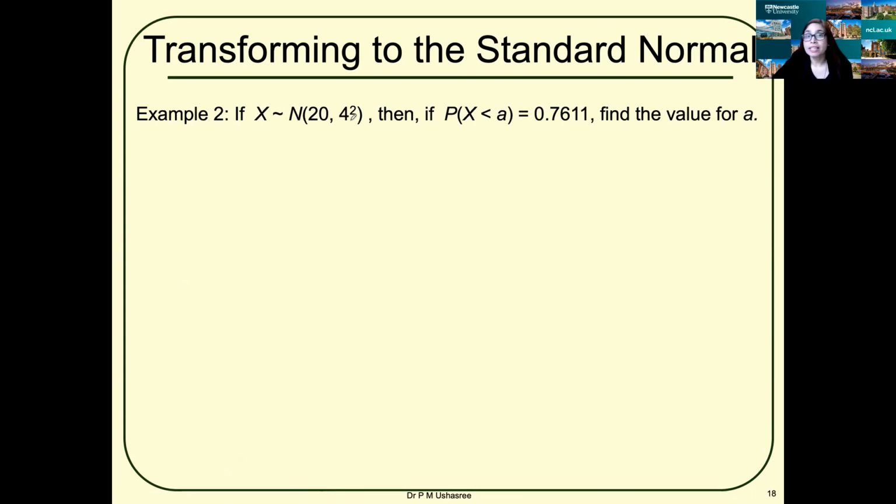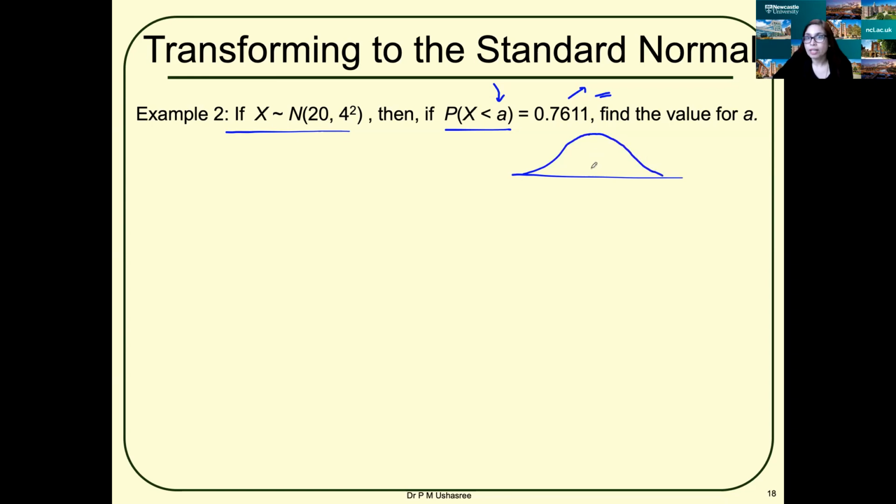So next, the other type of question is the other way around. That is when you're given the normal distribution and you're given that X is less than A, and this value is missing, but you know the probability. So that means your plot will look something like this.